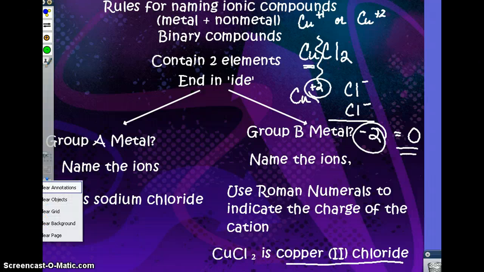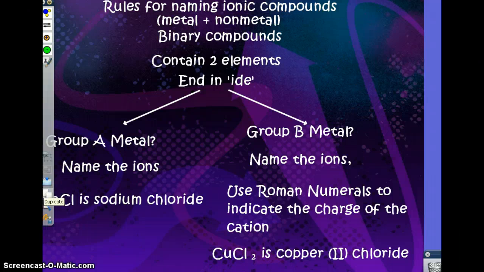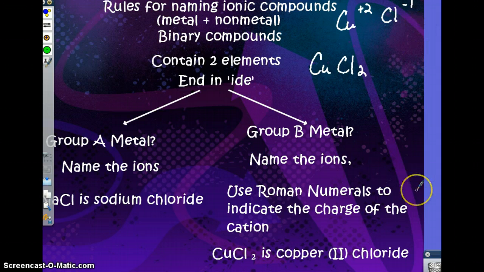The other way to look at this is in the shortcut that we learned. If we had copper 2 chloride, that would mean copper with a +2 charge, chloride with a -1 charge, and when we crisscross the charges and we bring the 2 down and we pretend to bring the 1 down, we end up with CuCl2.